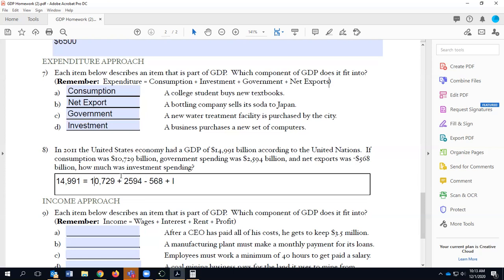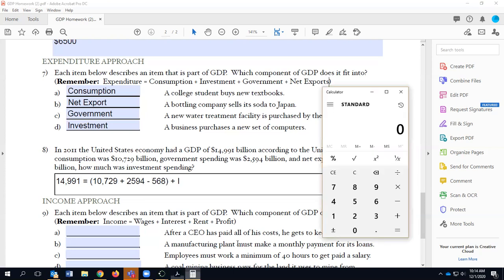Now we're going to do this part of the problem first. You see where I put the parentheses? So we're going to do 10,729 plus 2,594, and then subtract 568. So that's what I get. Double check me.